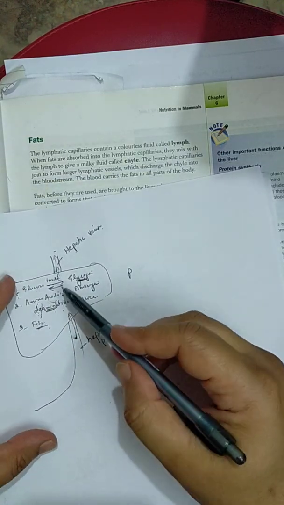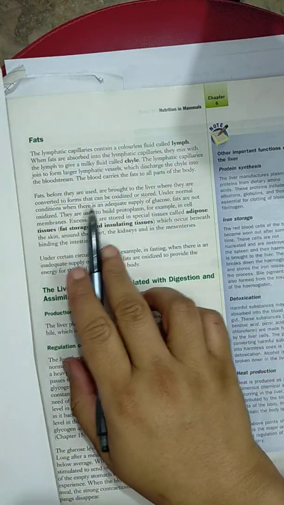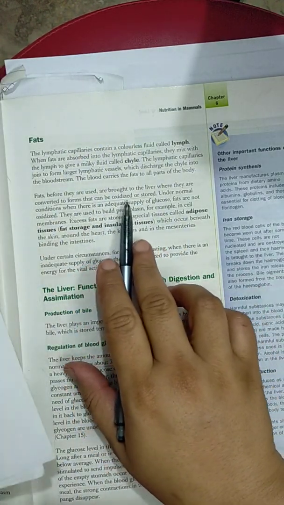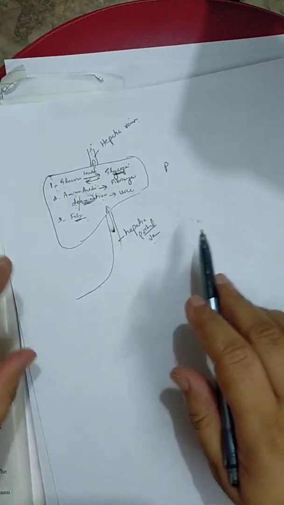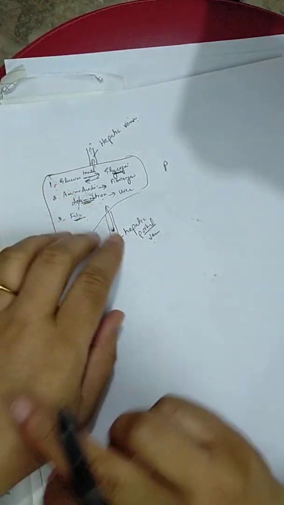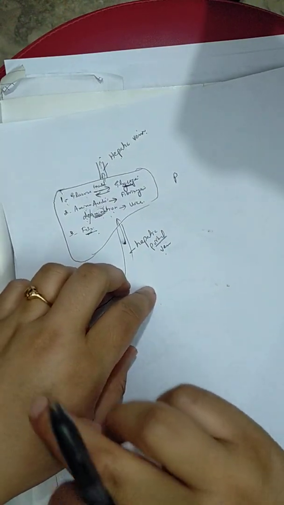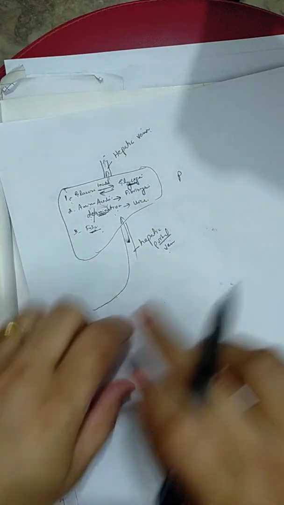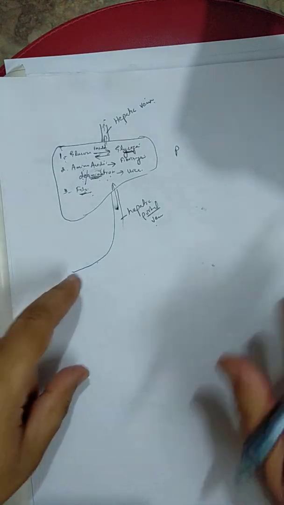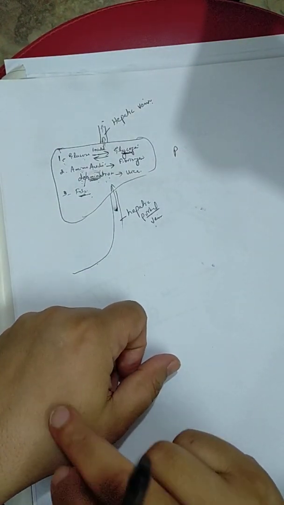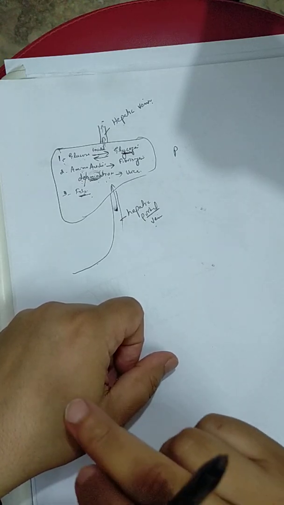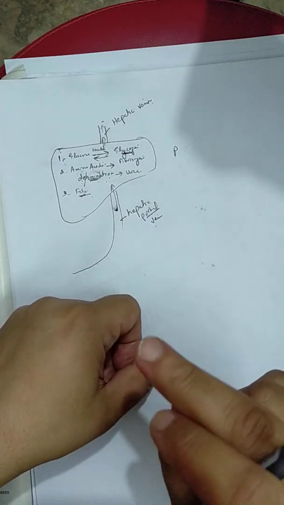Secondly, along with the bloodstream, fats will go to different cells and tissues and reach different parts, and first of all they are stored under our skin. Under our skin a layer of fat is present which is called the adipose layer. The function of this layer is that it acts just like an insulator. It prevents release of heat from our body.